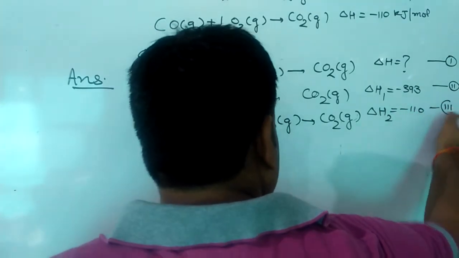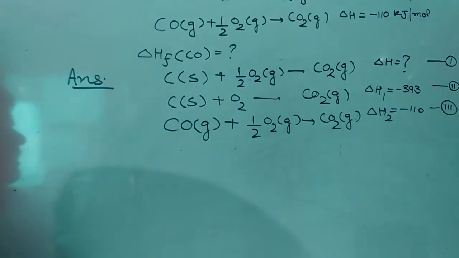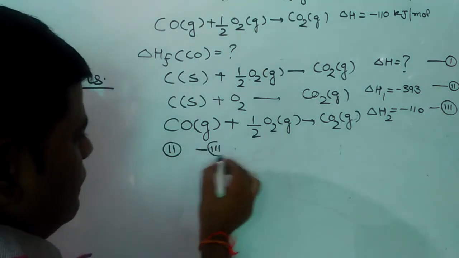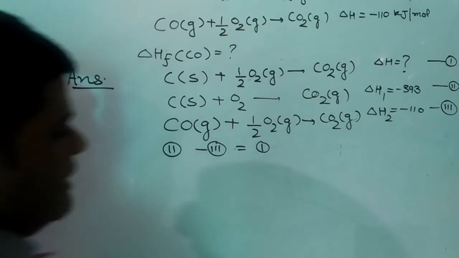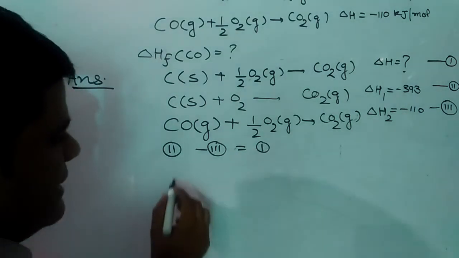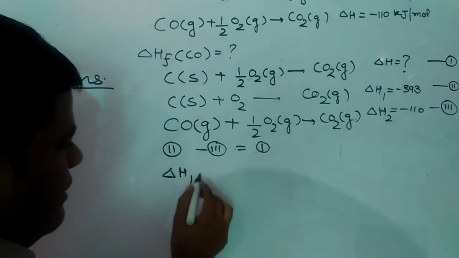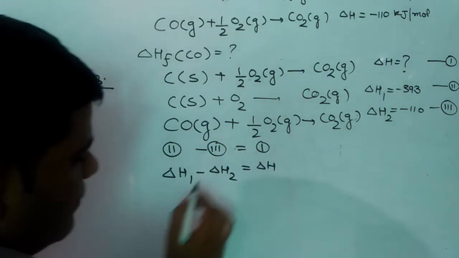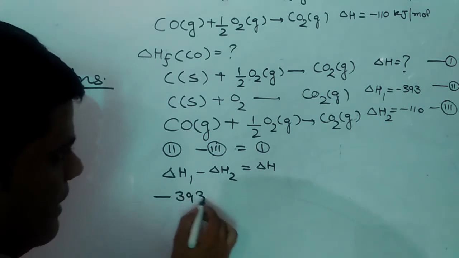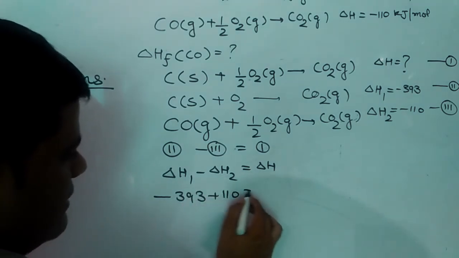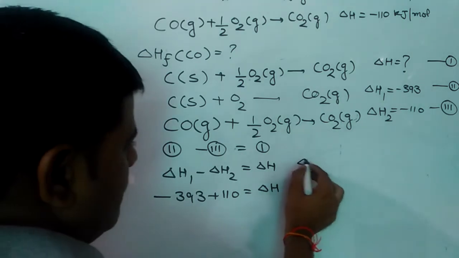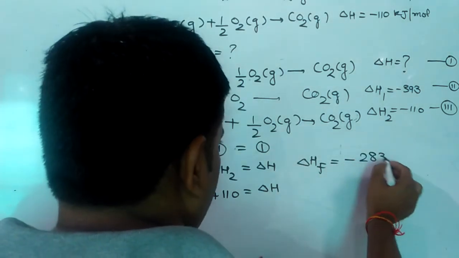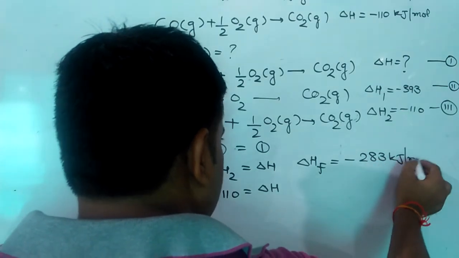This is equation third. From second and third, we will get second minus third is equal to first. So we can say that delta H1 minus delta H2 is equal to delta H. So from this, minus 393 plus 110 is equal to delta H. So the enthalpy of formation of carbon monoxide comes out to be minus 283 kilojoule per mole.